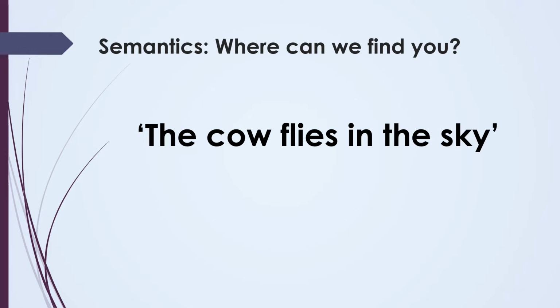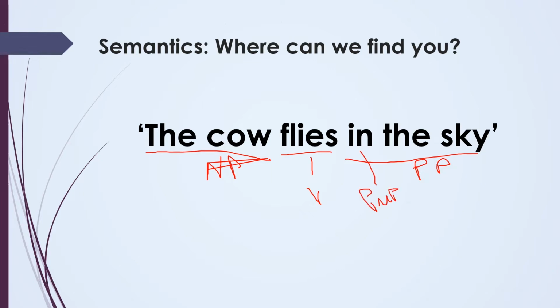We have a noun phrase, and then we have a verb, and then we have a prepositional phrase. A prepositional phrase consists of a preposition and a noun phrase, and under the noun phrase we have an article and a noun.